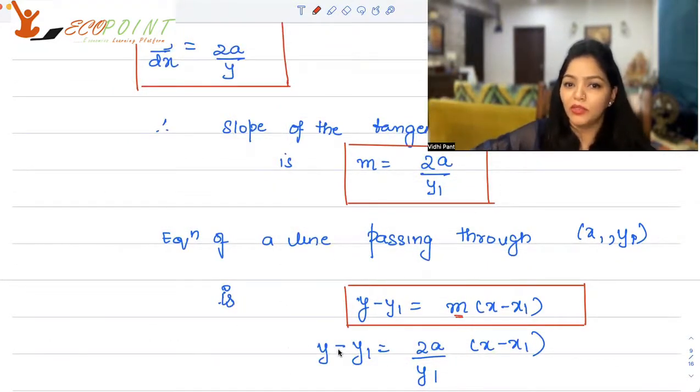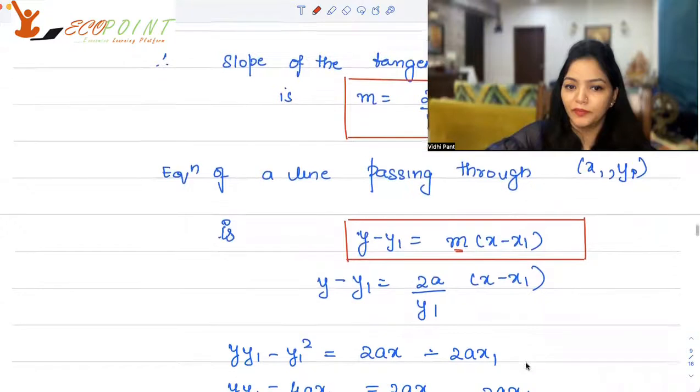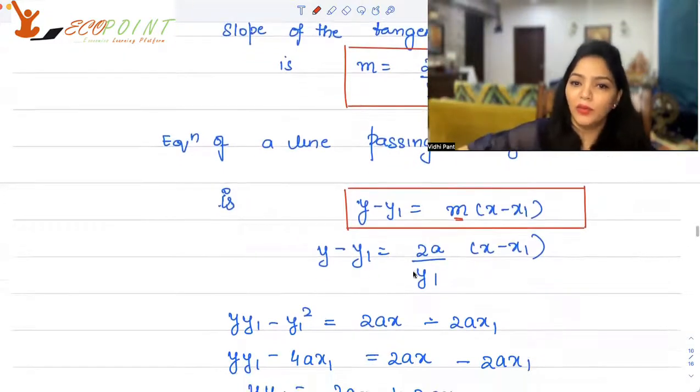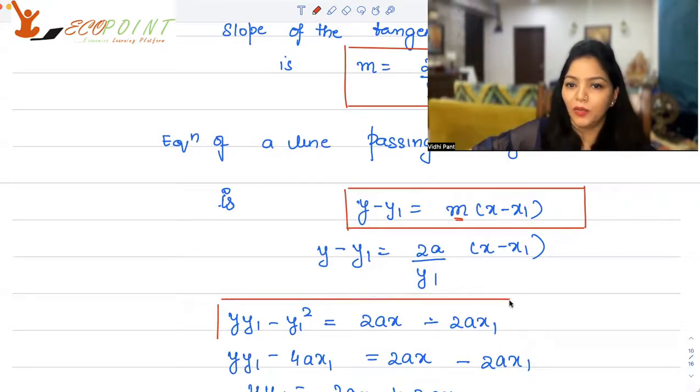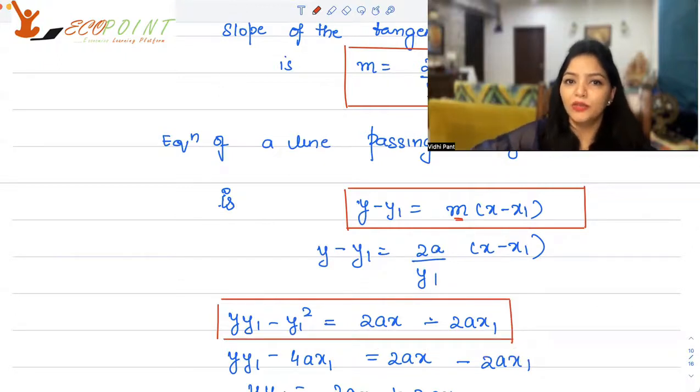So the equation of this line becomes y minus y1 is equal to 2a upon y1 into x minus x1. If you take y1 to the other side, take the LCM, that's what you will get. You will get y y1 minus y1 squared is equal to 2ax minus 2ax1. I can take 2a common also, of course.